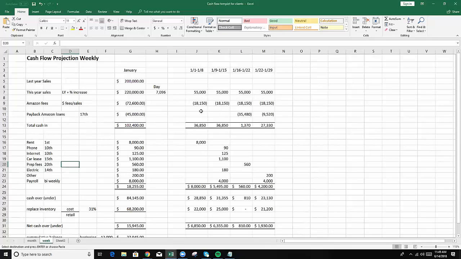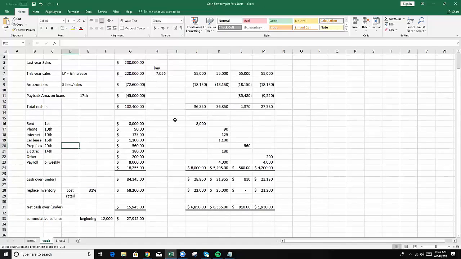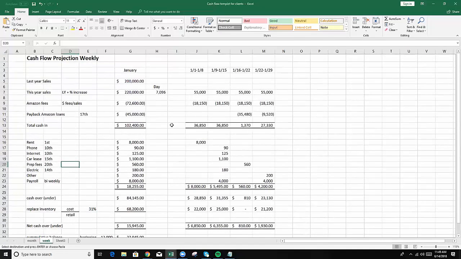Same thing with Amazon. Now, if you have an Amazon loan, it starts out at a certain date. We had an Amazon loan, and starting on the 17th, whatever money you sell, they take and apply it to your loan until you make the payment for that month, and then they start giving it to you.